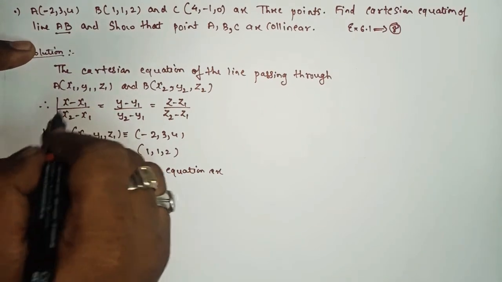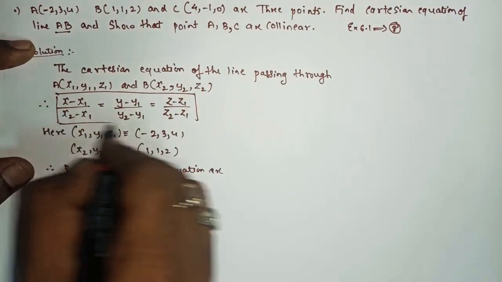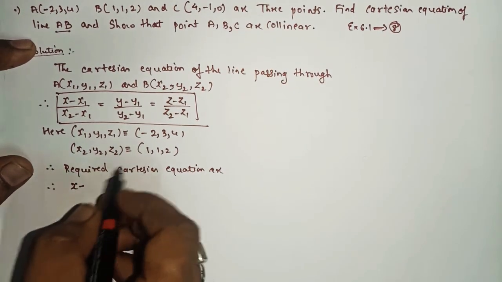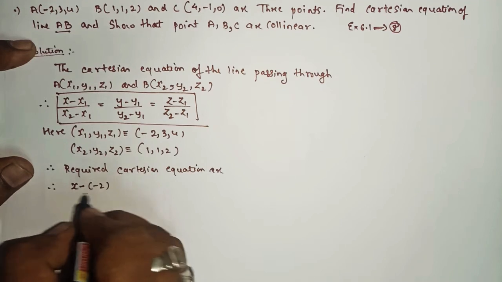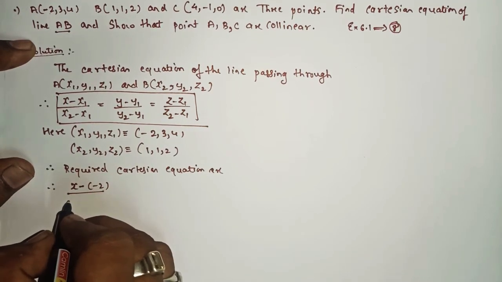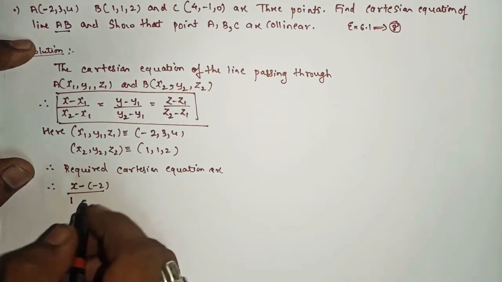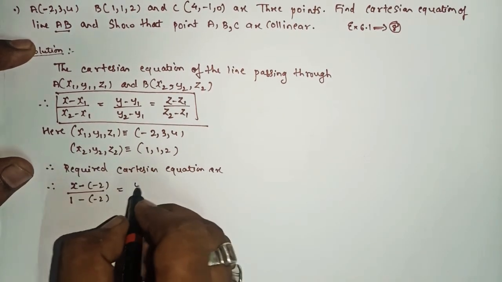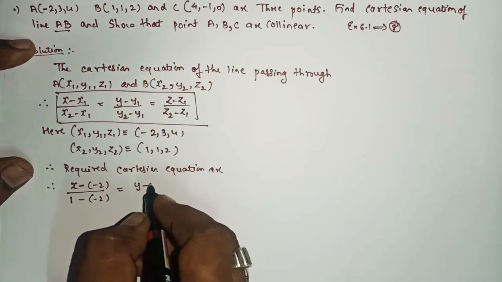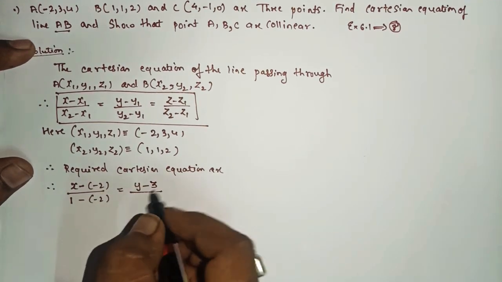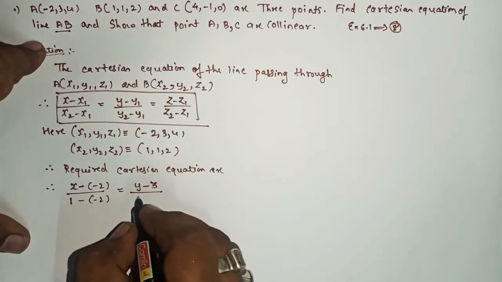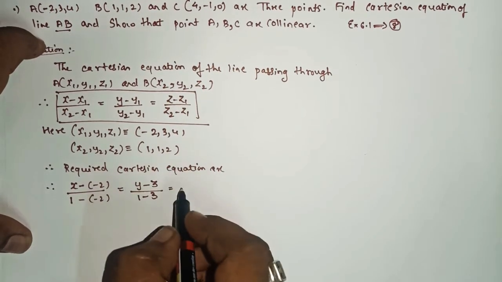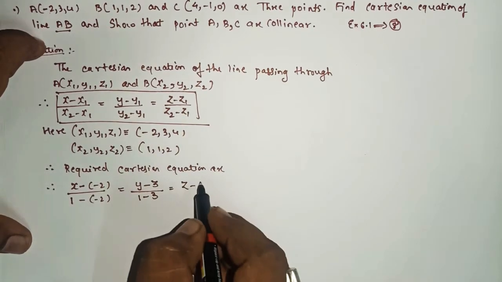so substitute the values of all the points in this equation. So you will get x minus x1 is what? x plus 2. x2 minus x1 is what? 1 minus (minus 2), which is 3. Equal to y minus y1, what is y1? 3, y2 minus y1, 1 minus 3. z minus z1, what is z1? 4.